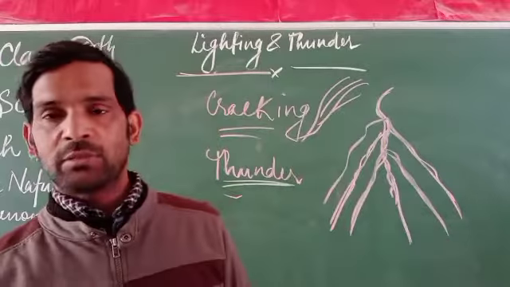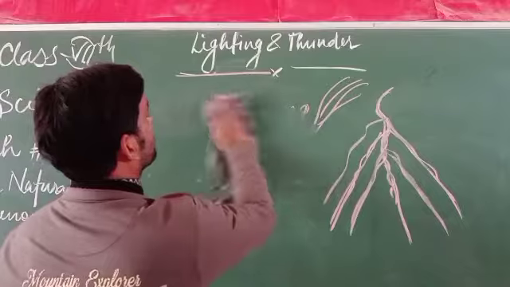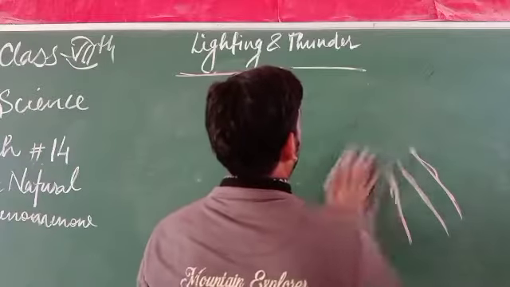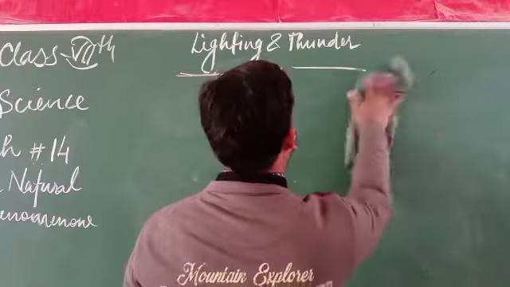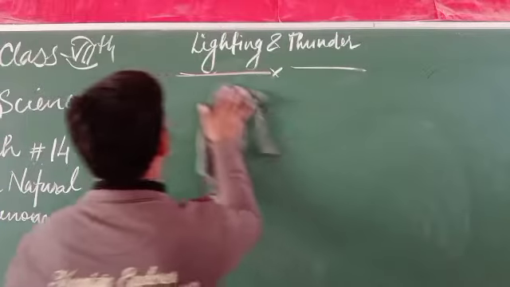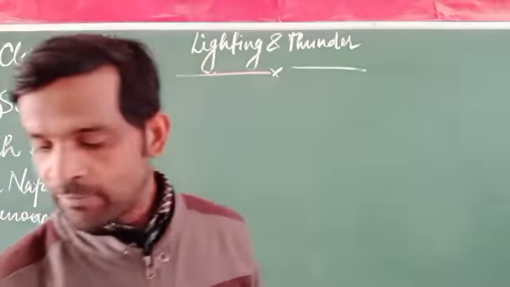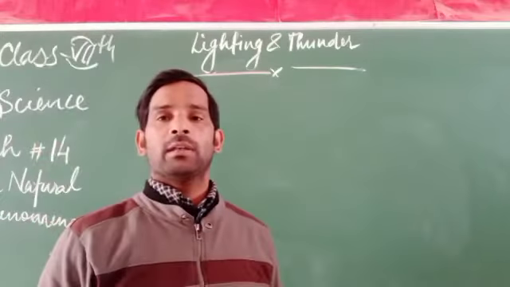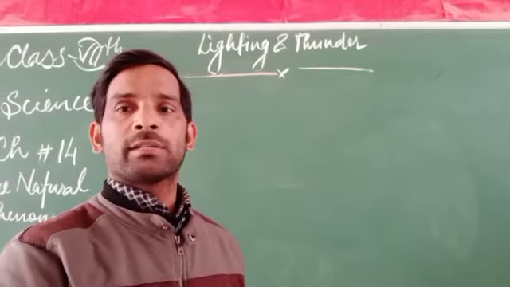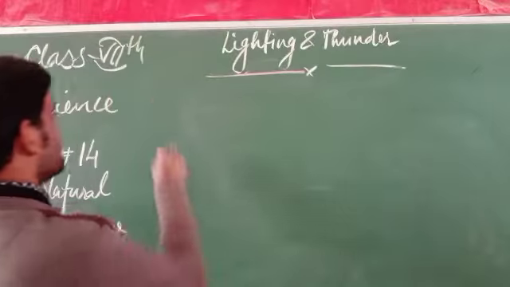And in that sequence, we can say what precautions we should take while there is a thunderstorm and lightning. What we have to do in case of lightning or thunderstorm is to take some precautions.